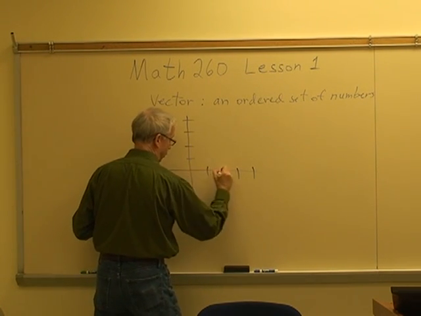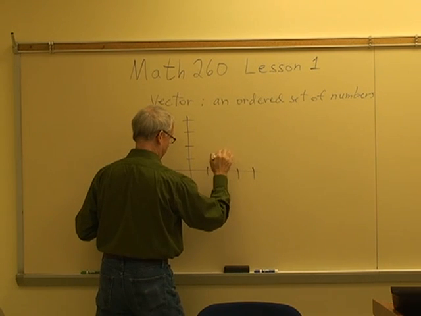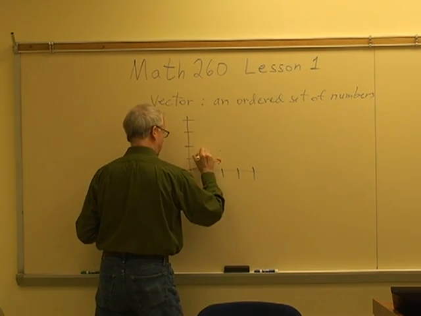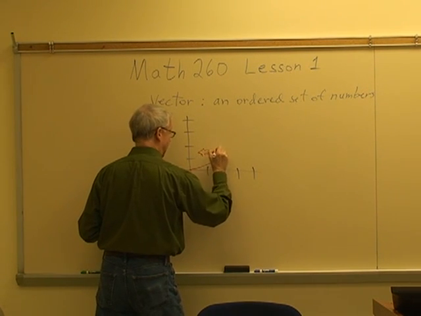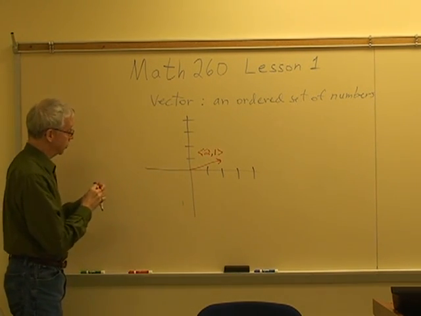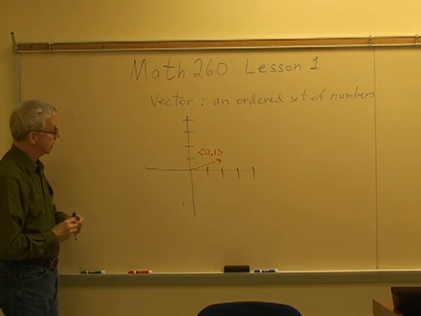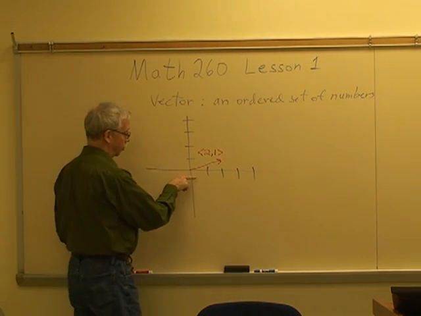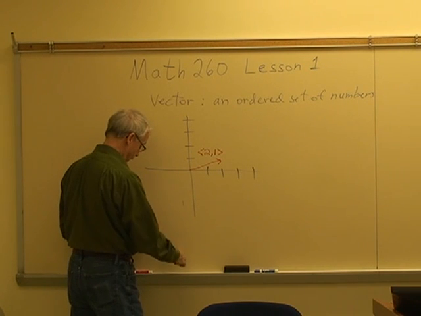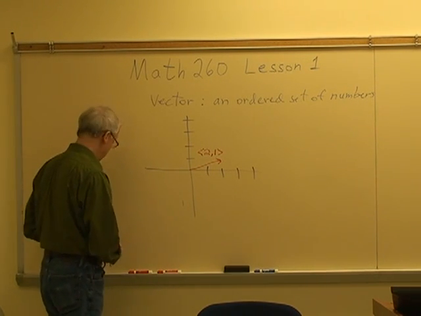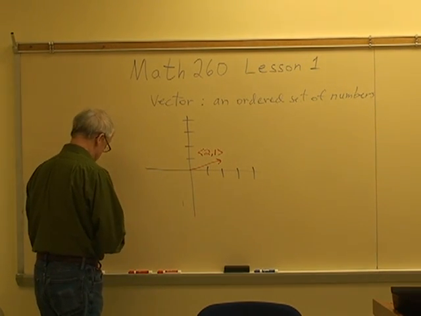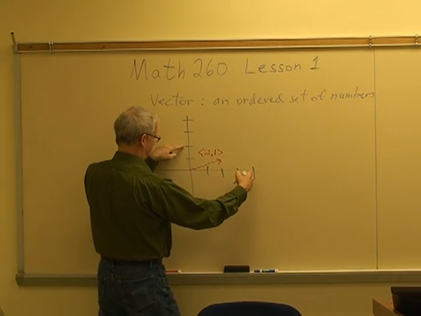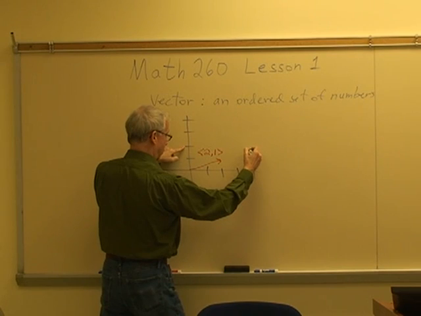So I go over 2 and up 1. There's my vector with coordinates 2, 1. If I multiply that vector by 2, it means I need a vector twice as long in the same direction. Well, that means I have to go twice as far in the x direction and twice as far in the y direction. So twice as far in the x direction is 4, and twice as far in the y direction is 2.